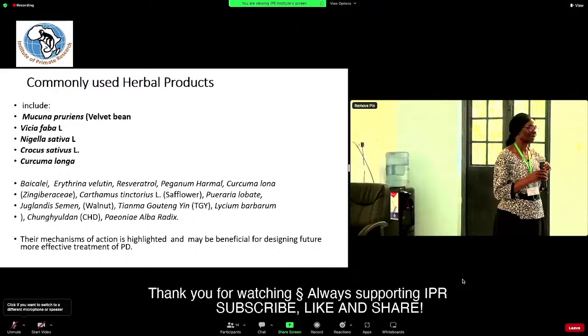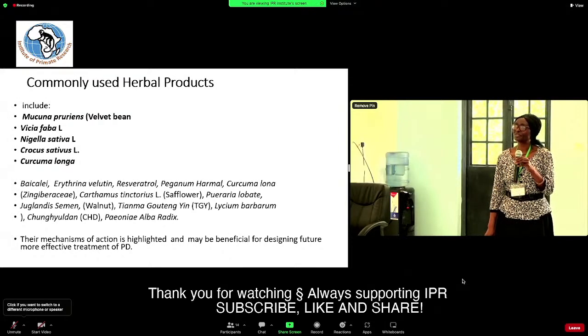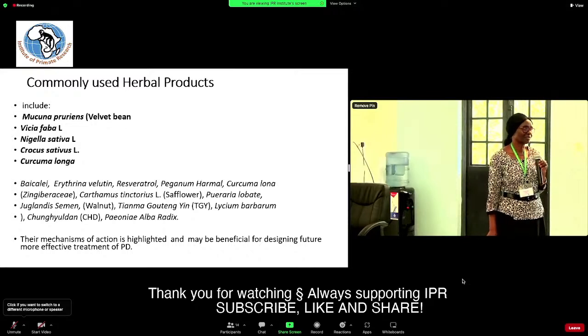Most of them are in our houses, on our dinner tables, so you may be able to recognize them already, like Mucuna pruriens, Vicia faba, Nigella sativa, Crocus sativus, and Curcuma longa. These are very common herbs. I couldn't find their Kiswahili names, but I will endeavor to find them, and also their local names. So these are some of the common herbal products that are being used in Parkinson's disease.